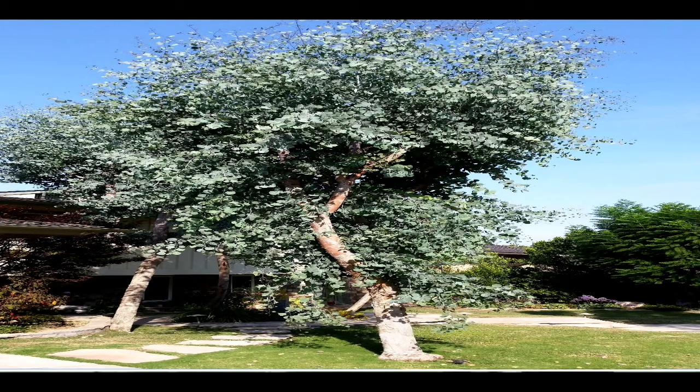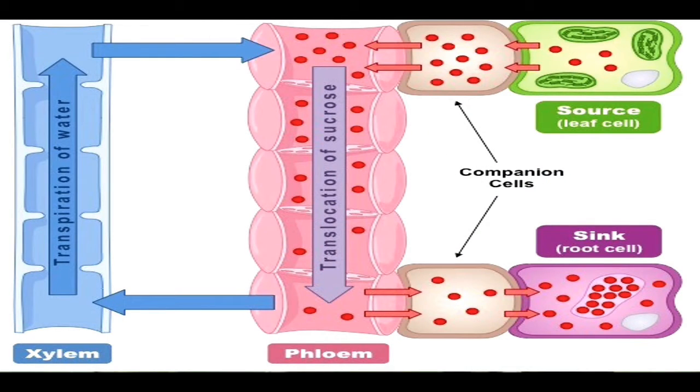Sometimes the sites of absorption of water and minerals are several meters away from the site of consumption. Similarly, the sites of synthesis or production of organic substances are also far away from the sites of their storage or consumption. Thus, plants have some special long distance transport systems to carry substances across long distances at a much faster rate.